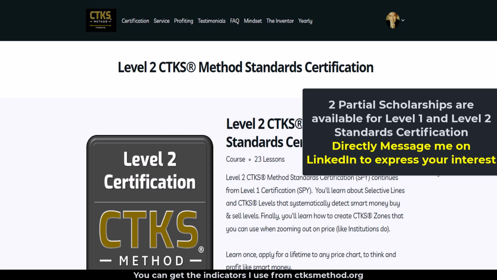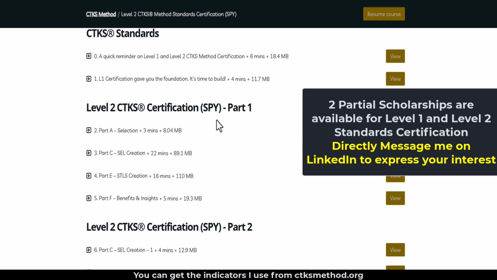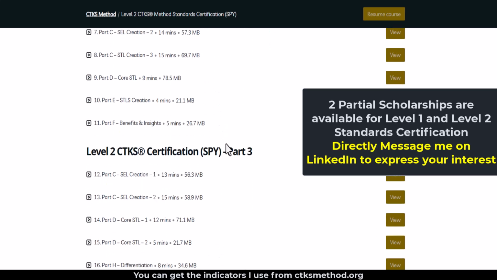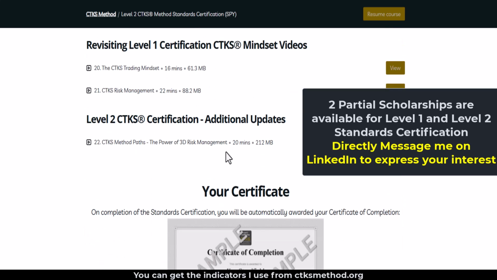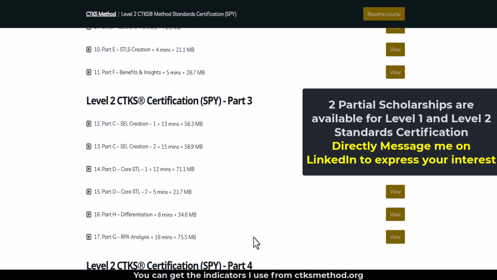However, it's inside Level 2 standard certification that everything makes sense. There is a lot to it. You may think that it's just drawing a couple of lines on a screen. Nothing could be further from the truth. It is an incredibly fine art, but it's easy to learn. And I make sure that I go through step by step with you.